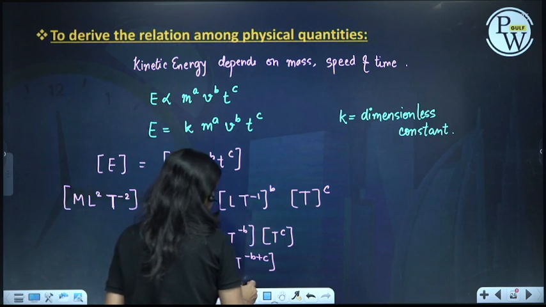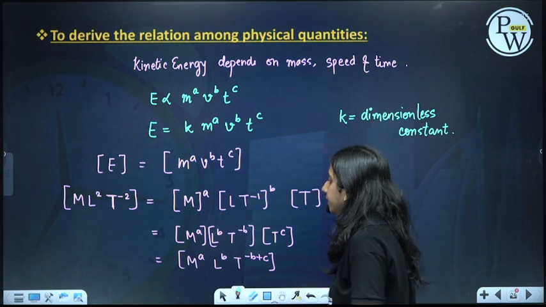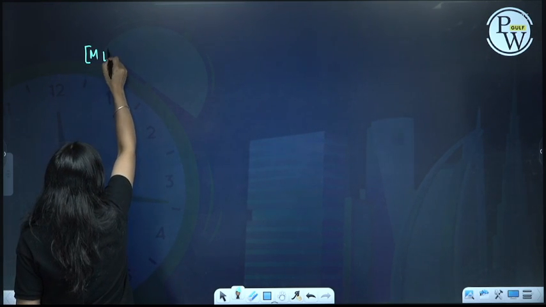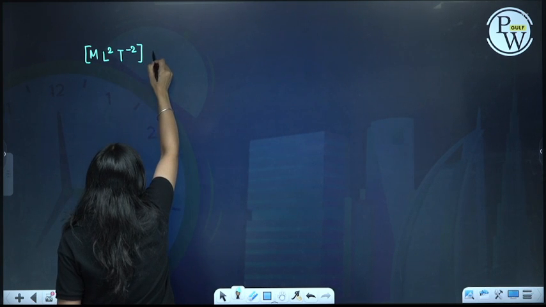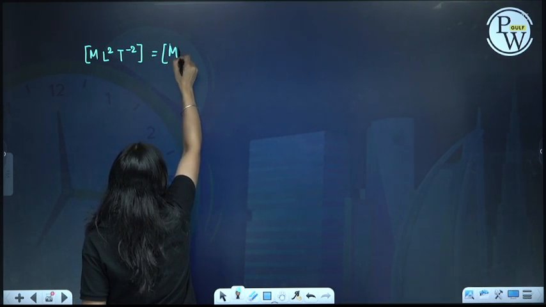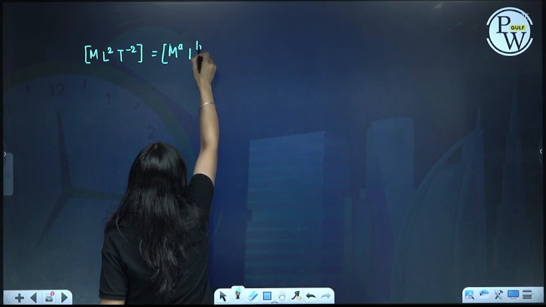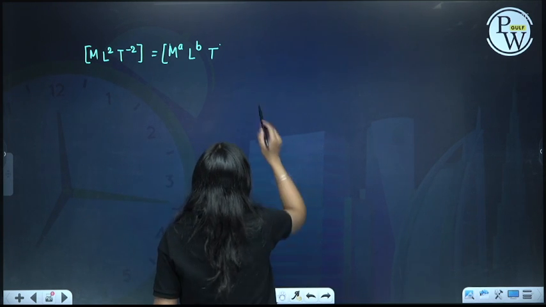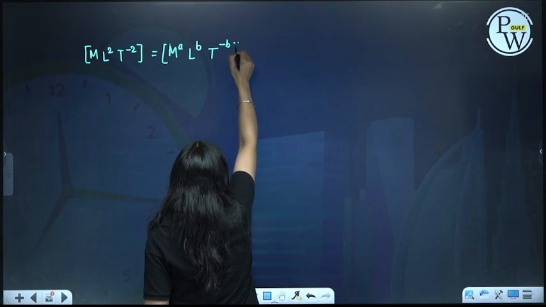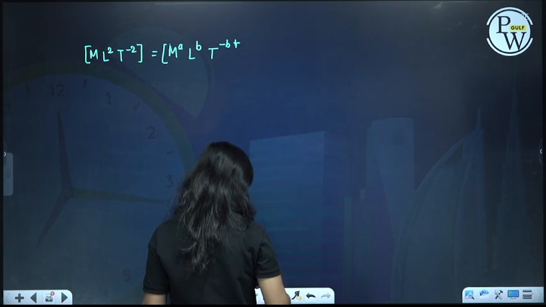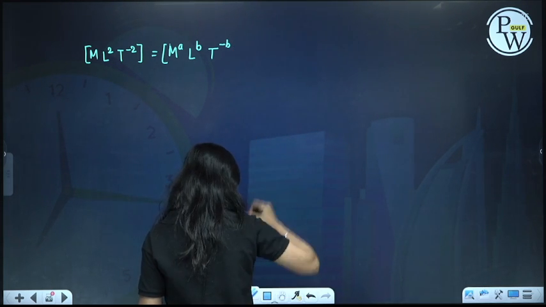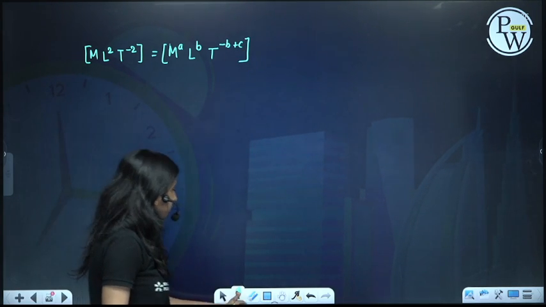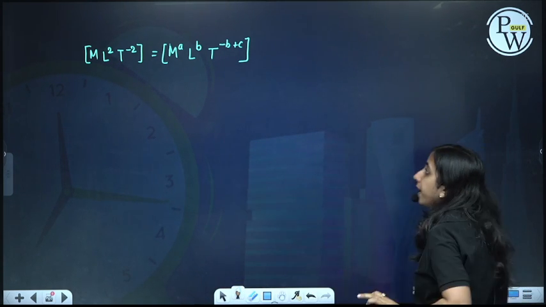This is what we get from this equation: on the left hand side we have M L squared T minus 2, which is equal to M raised to the power a, L raised to the power b, T raised to the power minus b plus c.